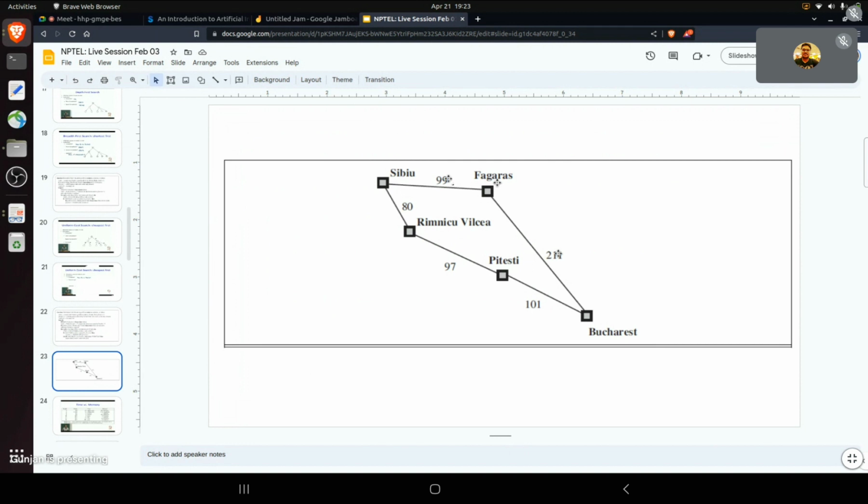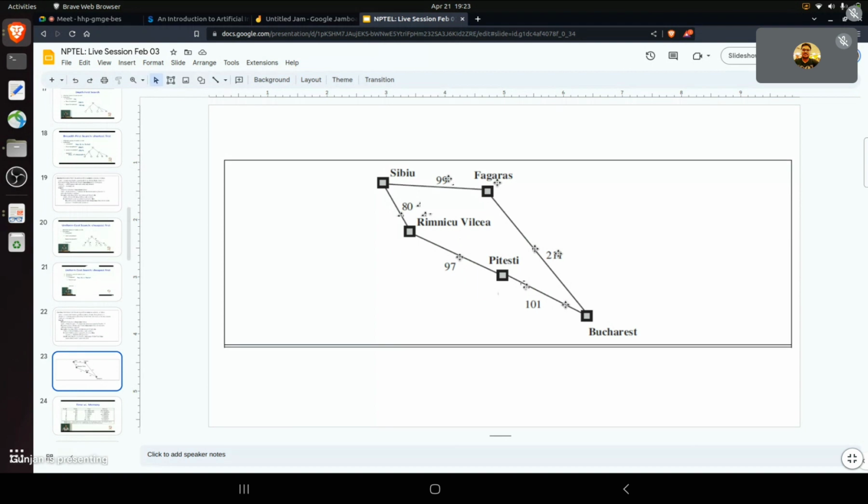So this is 310. But if you check this path, 80 plus 97 plus 101, that is 277. So this path has a length of 277.